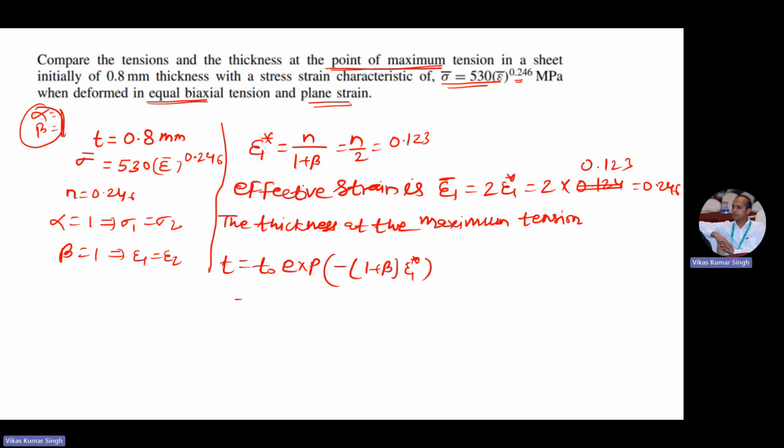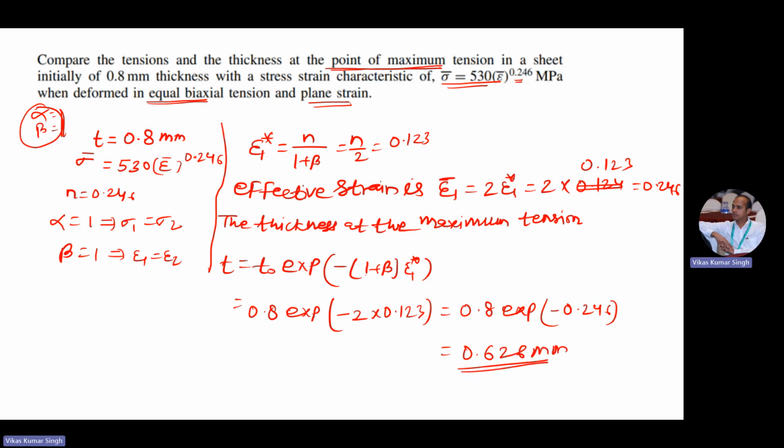T naught is 0.8 and exponential of minus 1 plus 1, 2 into 0.123, so this is 0.8 into exponential of minus 0.246. And what is this value? If we calculate, it is going to be 0.626 mm. So we got the thickness at the maximum tension point.